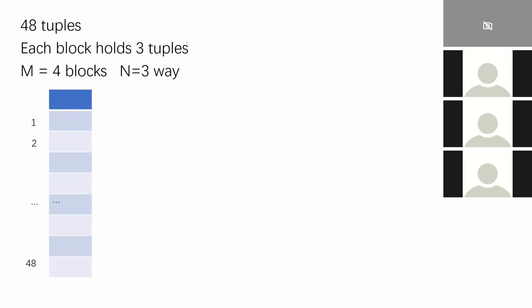So each block can hold 3 tuples, and my memory can hold 4 blocks. Each block can hold tuple 1, tuple 2, tuple 3, and inside my memory I will be able to hold 4 of these.